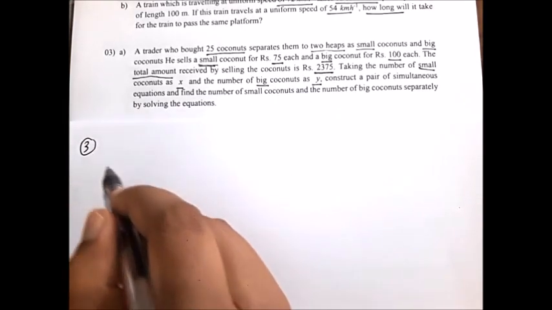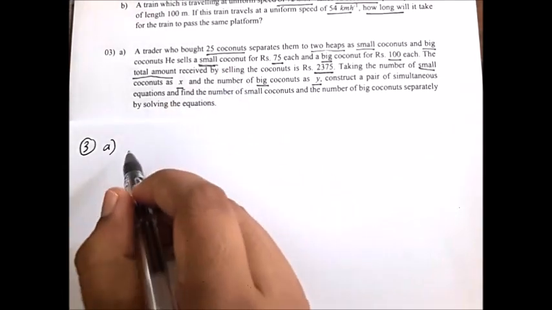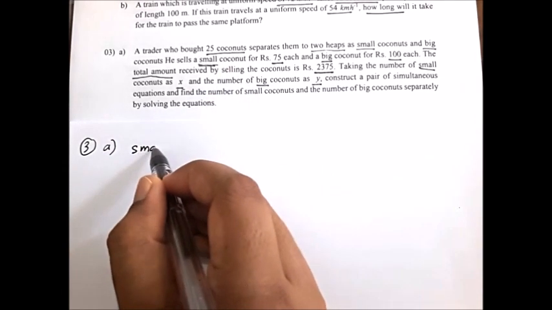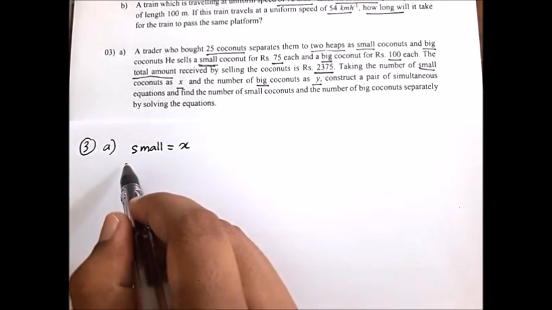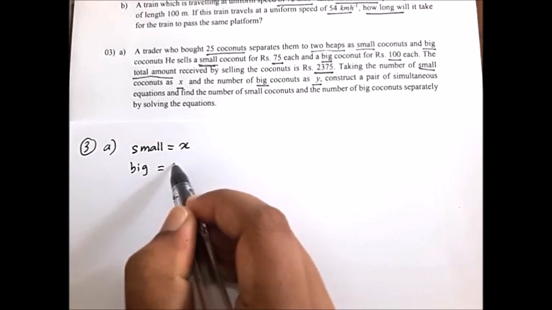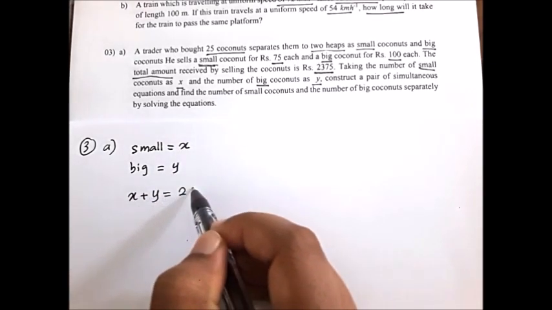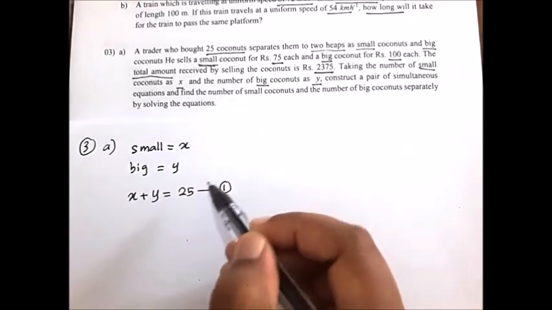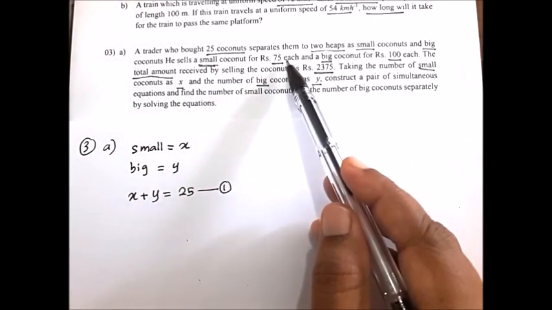Third question, part A. There are 25 coconuts. Take the number of small coconuts as x. Take the number of big coconuts as y. So the total number of coconuts is 25, x plus y equals 25. This is the first equation. He sells small coconuts for 75 each.